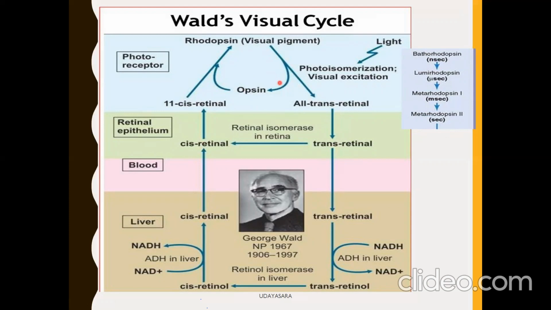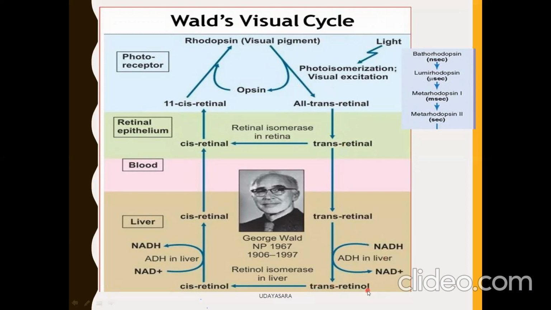So signal transduction occurs. Some amount of all-trans retinal in the retina is converted to 11-cis retinal, which combines with the opsin, and hence it is regenerated. The majority of the all-trans retinal travels through the blood and reaches the liver. In the liver, it is acted upon by dehydrogenase enzymes and reduced to trans retinol.